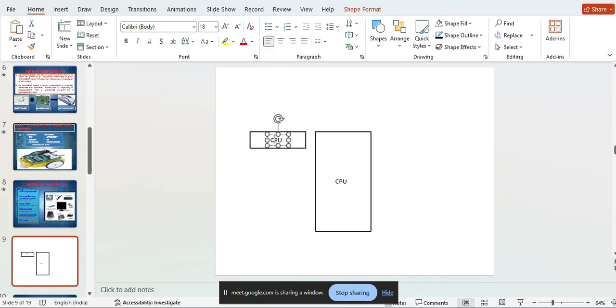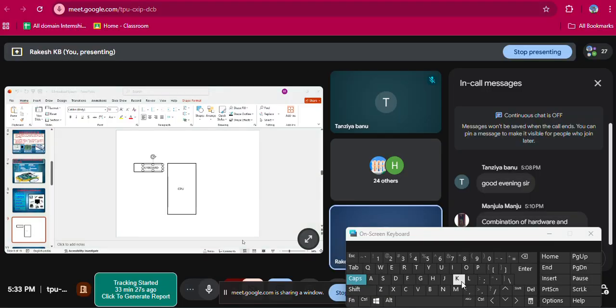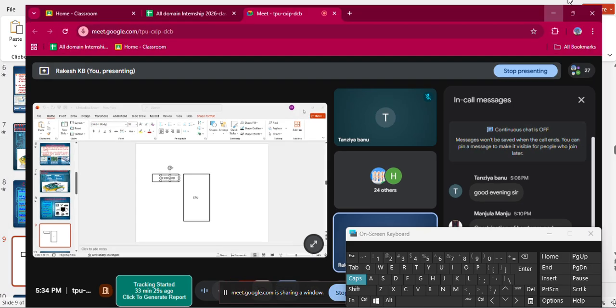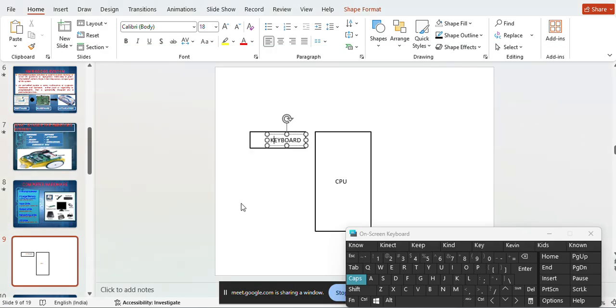The first input I will write as keyboard. Keyboard, mouse, so these are the inputs for the CPU.